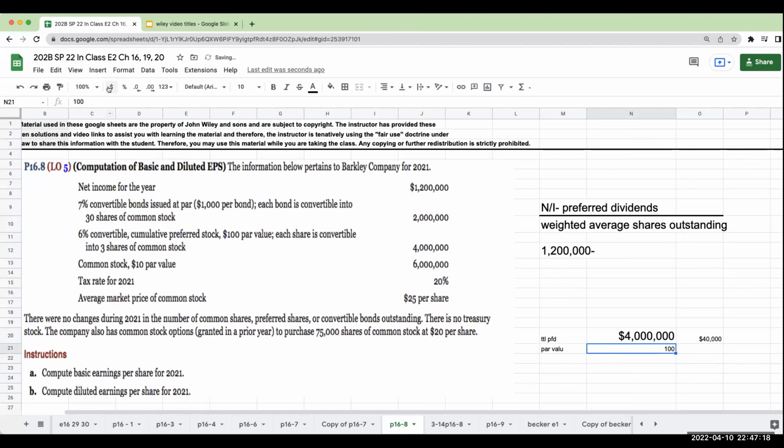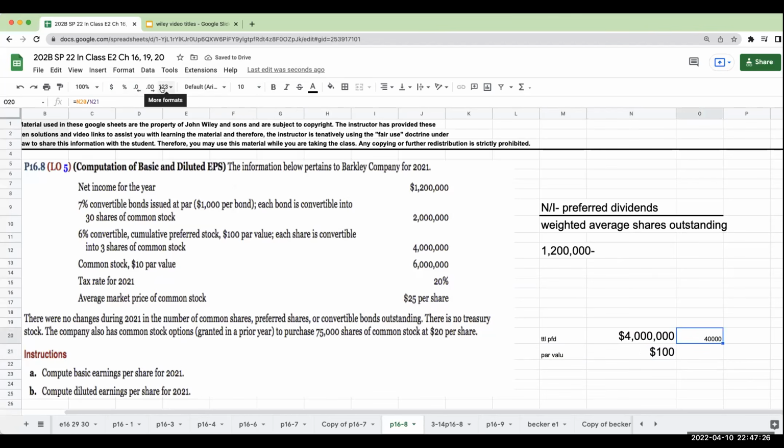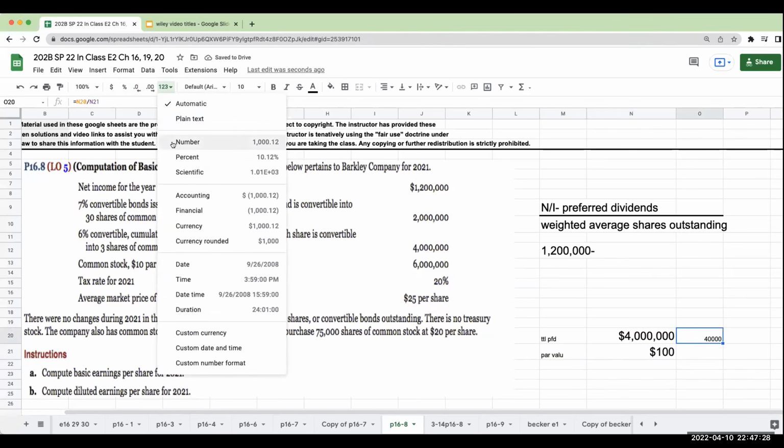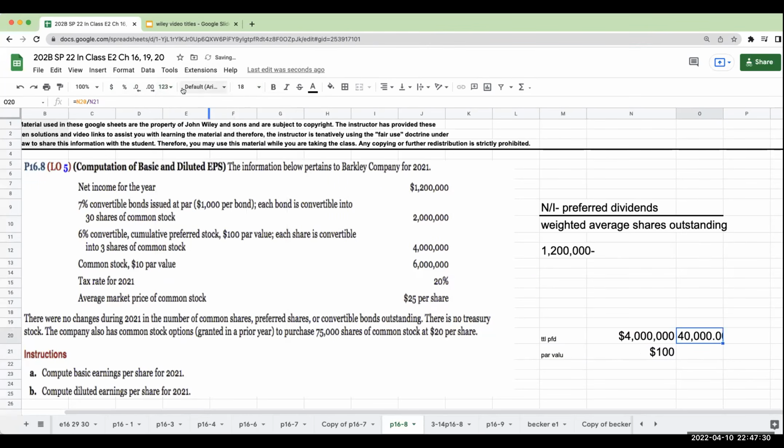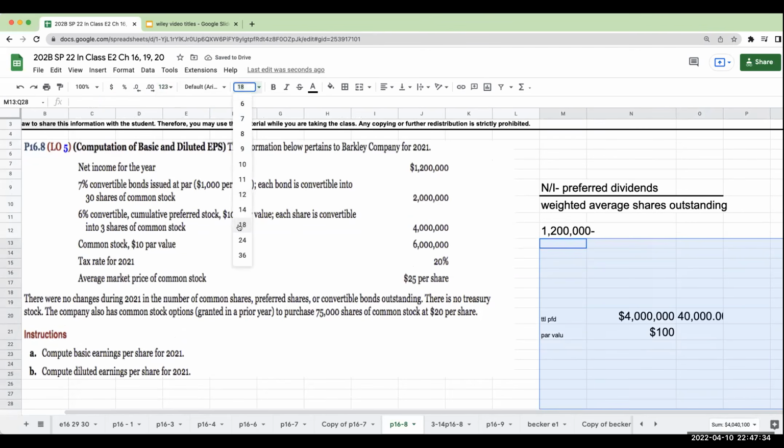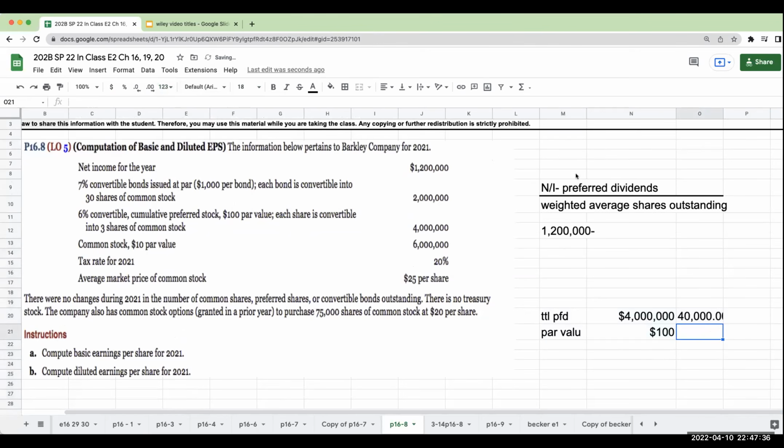So this basically means that I had approximately 40,000 preferred shares issued. And let's just make this bigger all the way through. So this is how many total preferred shares we have.